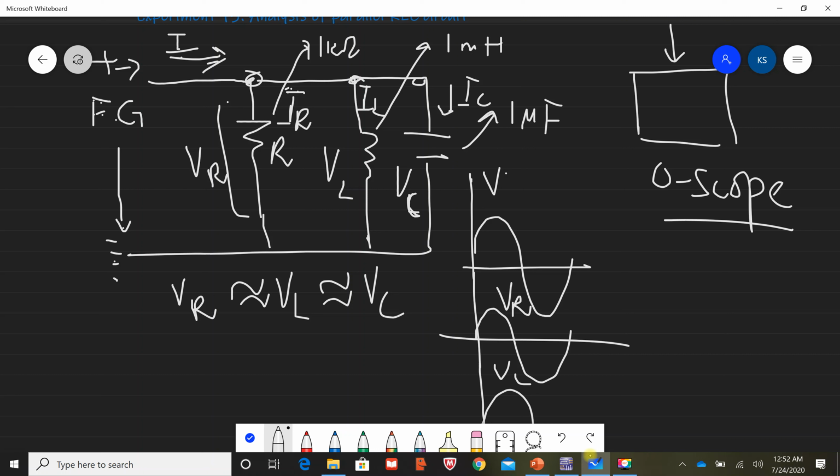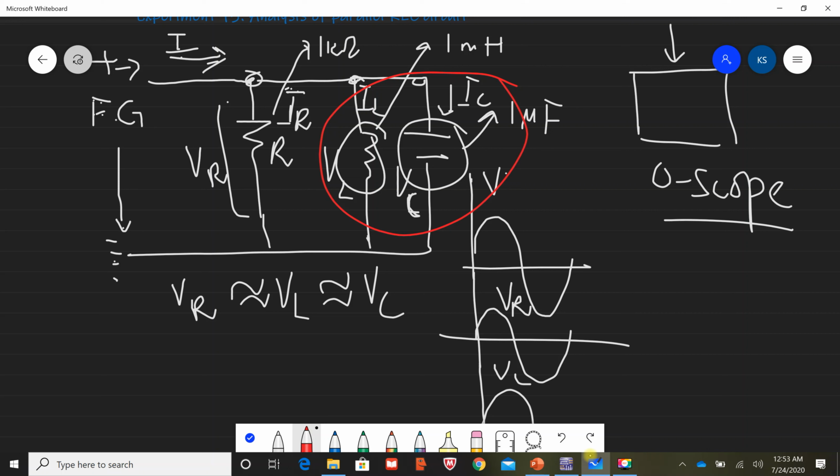Since both the inductive and the capacitive components affect the phase differences as well, there must be some phase differences between the input current and both of these currents, IL and IC. In amplitudes there will obviously be differences, but however there will be differences in phase as well, but only among these two components. But now here is the question.